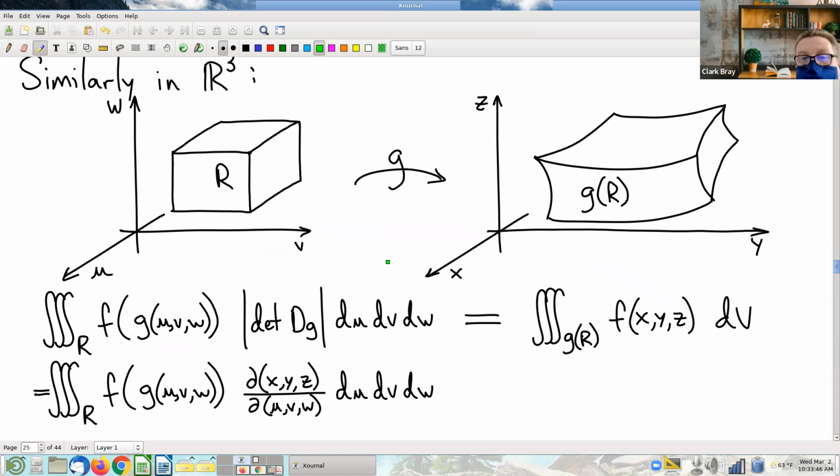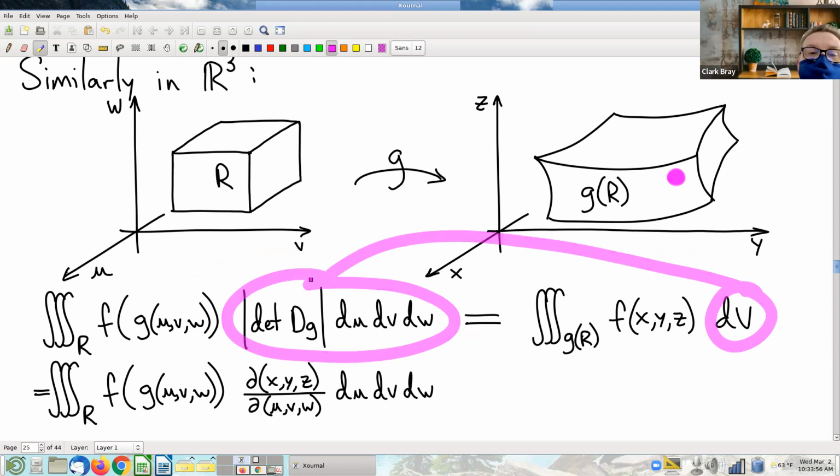Then there's the whole business about a piece of volume over here, and how do I compute that in terms of little pieces of volume over here, and what is the stretching factor? And y'all can compute that stretching factor yourselves.